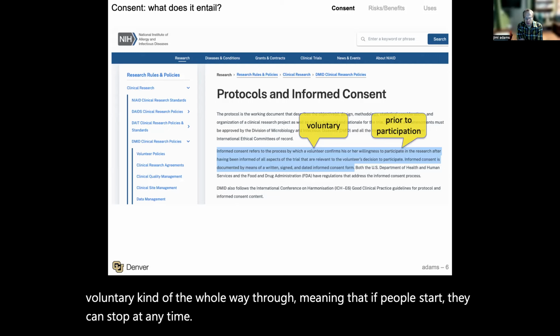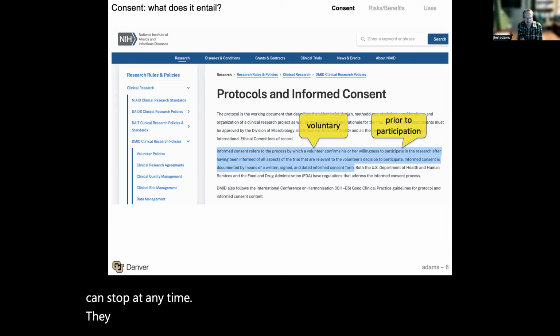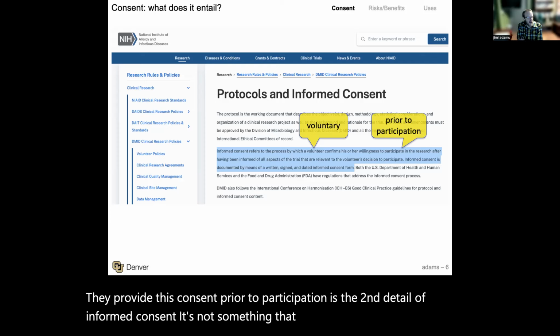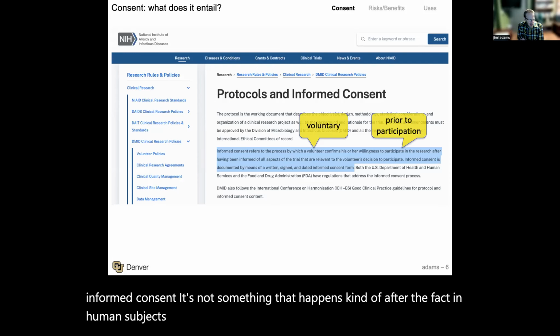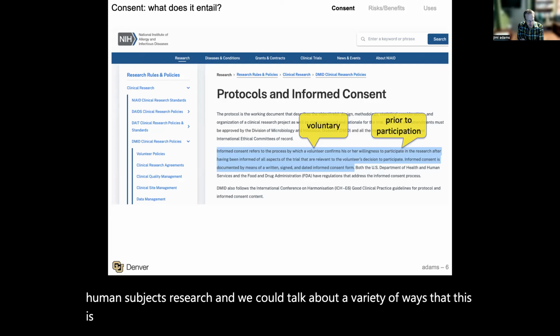They provide this consent prior to participation is a second detail of informed consent. It's not something that happens after the fact in human subjects research. And we could talk about a variety of ways that this has either been violated historically or adapted to particular needs in particular study designs.